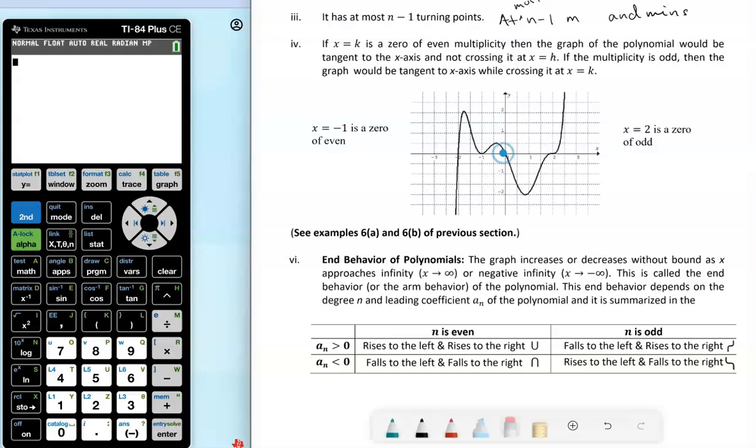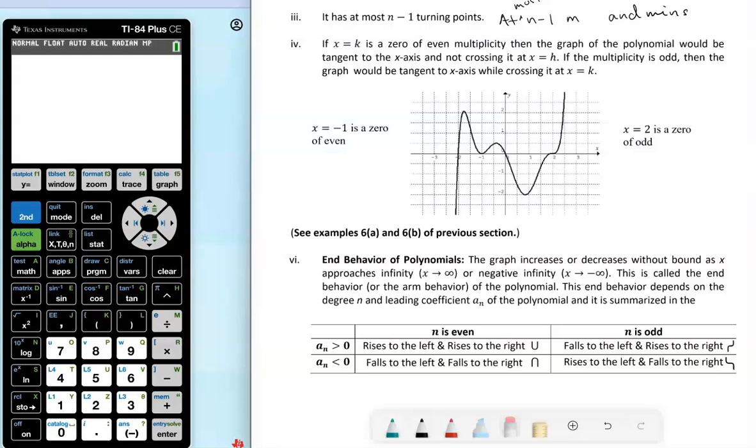Now if we take a look at the negative x-axis, if we imagine this negative x-axis extending out to negative infinity, this polynomial, as it goes towards negative infinity, drops down without bound. So it goes to negative infinity.